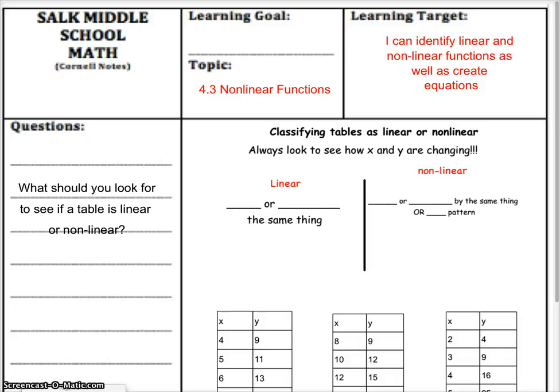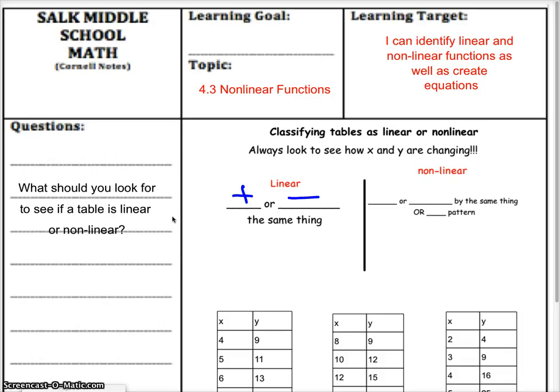Okay, this is a big learning standard. Let me see if I need to get to it today, though. Okay, so the next one is looking at a table and identifying if the table represents a linear situation or a nonlinear situation. Linear means you're adding or subtracting the same thing constantly. We have talked about this. Linear is adding or subtracting the same thing.